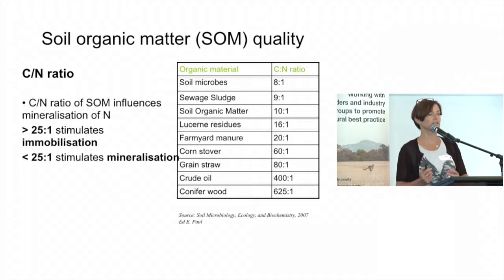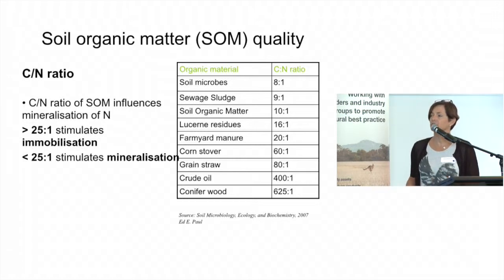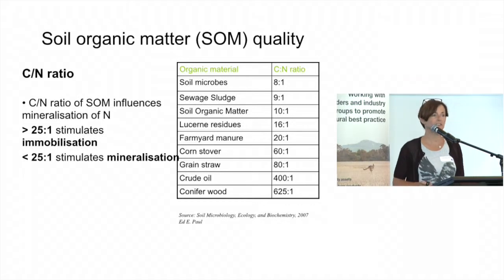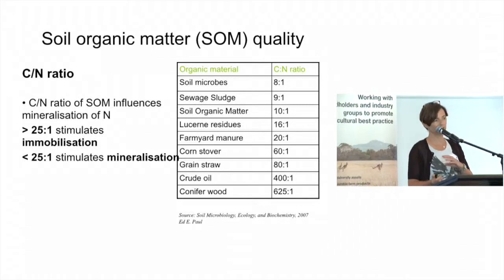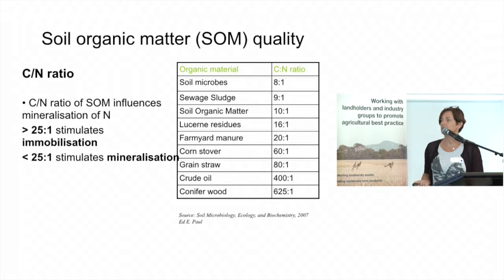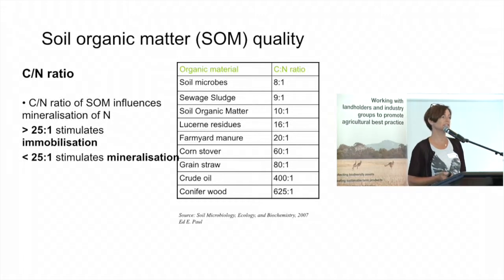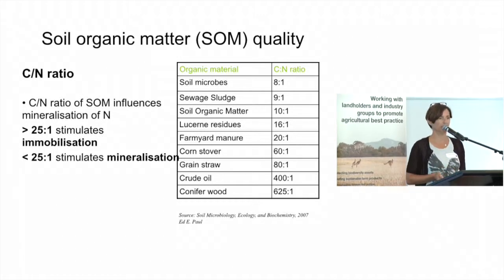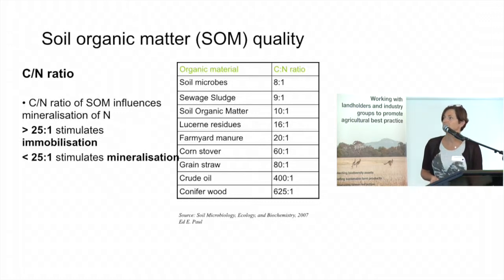They're much better competitors than plants are for that nitrogen. If you've got a low C to N ratio, so if you fiddle around with your residues, you will stimulate mineralisation, or release of the nitrogen back so that plants can take it up.